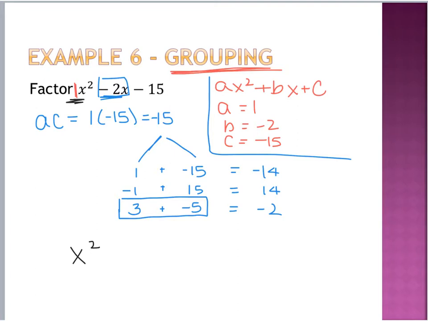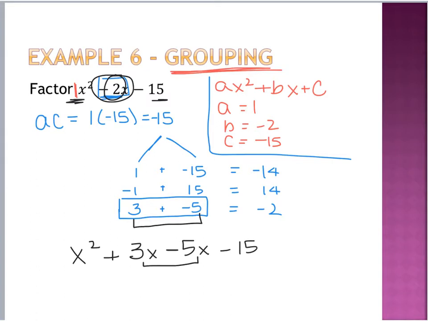Then I'm going to use the two numbers I just found as my two factors, so this is a positive 3x and a minus 5x, because the sum of these gives us the negative 2 up top. And then I'm going to end with my negative 15.